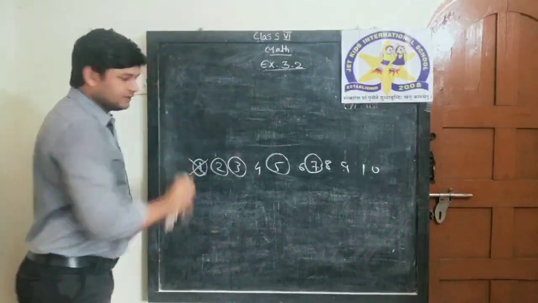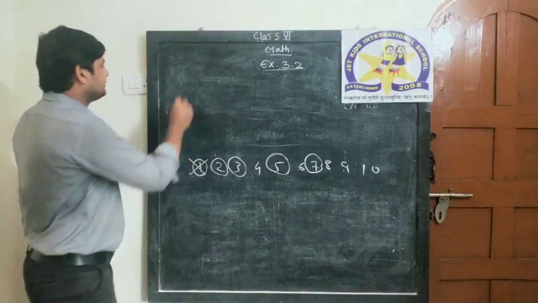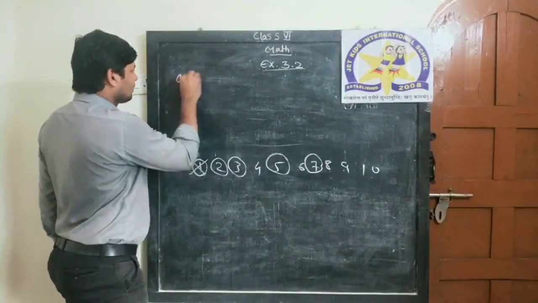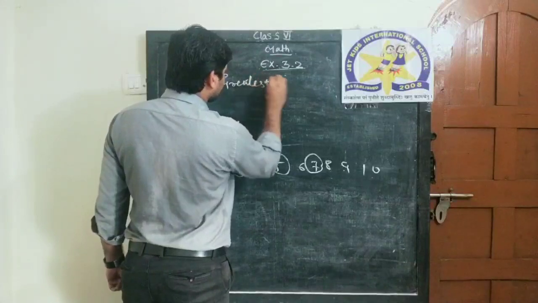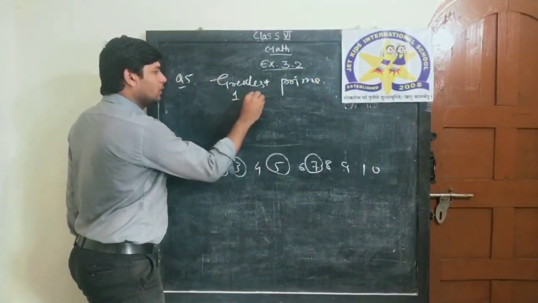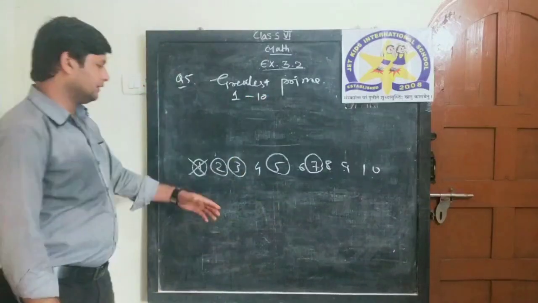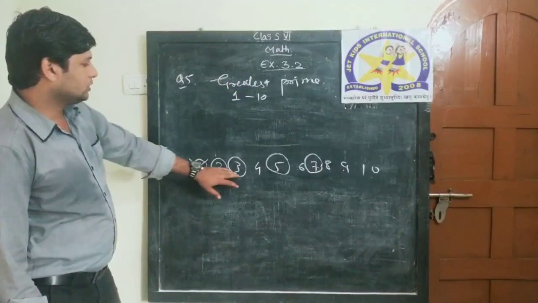Question number 5 is, what is the greatest prime number between 1 and 10? It is already given, we have done it. Prime numbers: 2, 3, 5, 7.